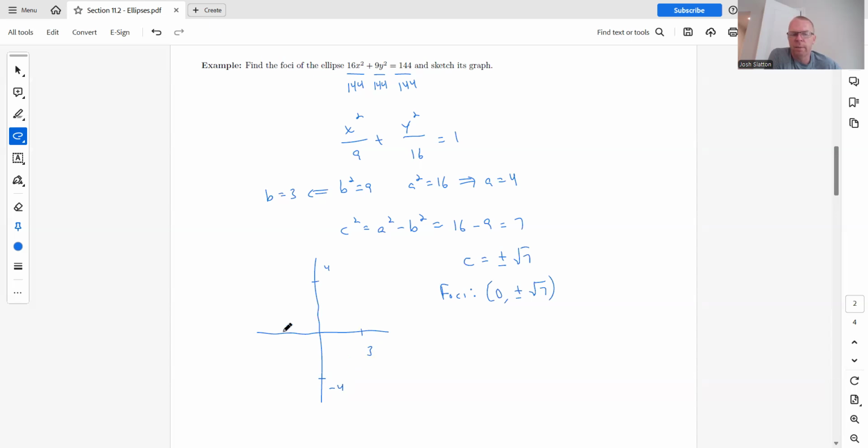We have 3 and negative 3 on the x-axis, and then the graph looks something like this, if you can draw it better than what I can. And then our focal points will be square root 7, negative square root 7. So that's the basic thing. Here's a formula you need to make sure you remember. And then always remember that a is the bigger number, b is the smaller number.